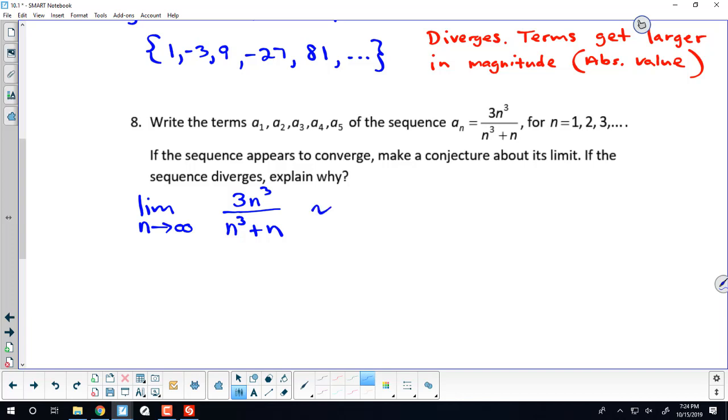So this is really equal to, as long as we're talking about a limit at infinity, just 3n cubed over n cubed. So I'll erase this and put an equal sign here, which is just 3.